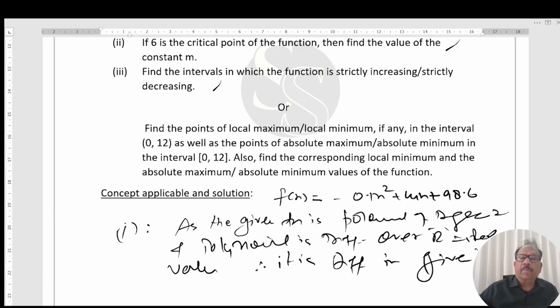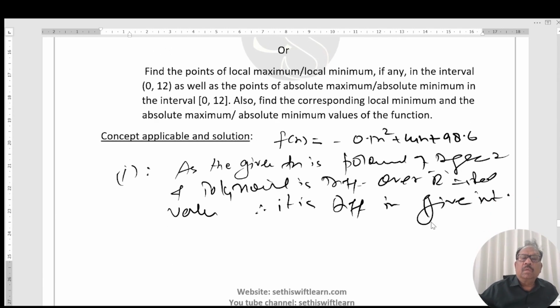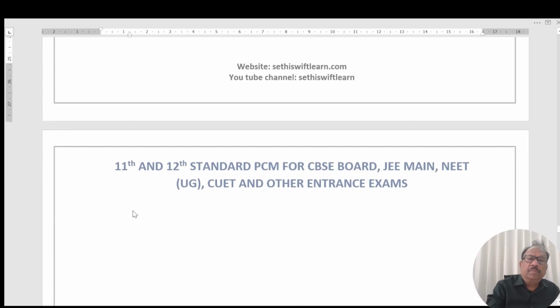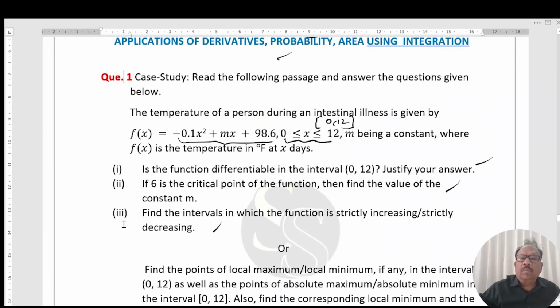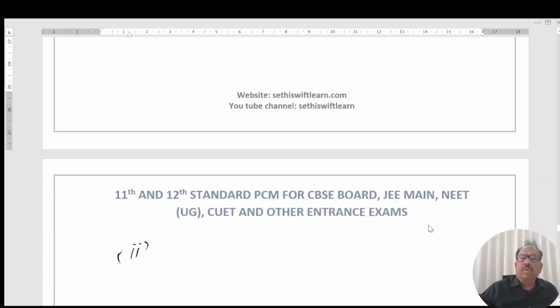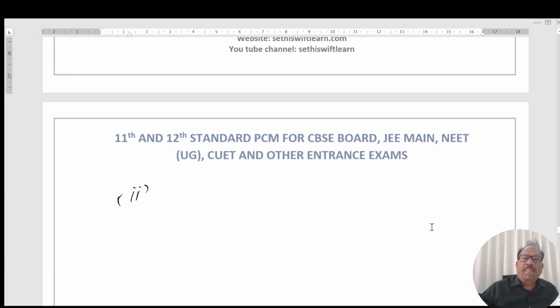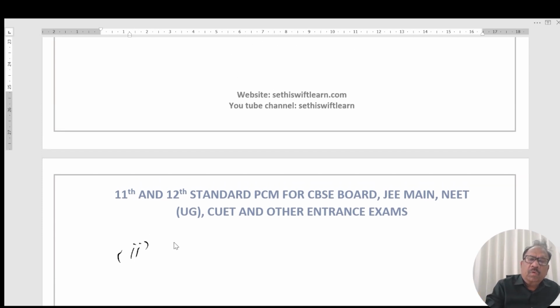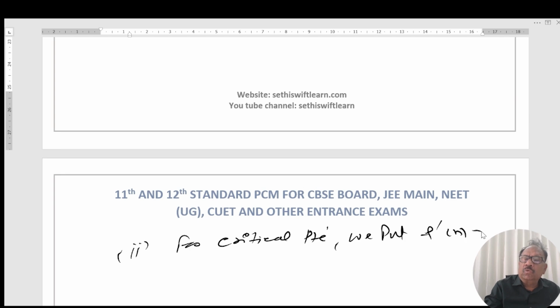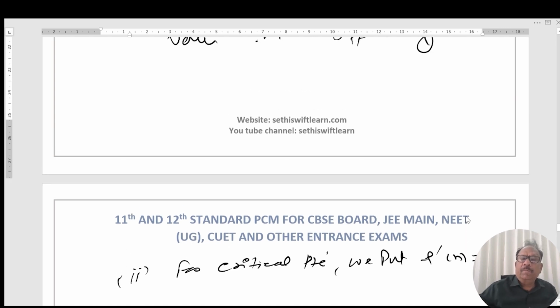Alright, second part: if 6 is the critical point, find the value of m. You know, for critical points we put f dash equal to 0, right?